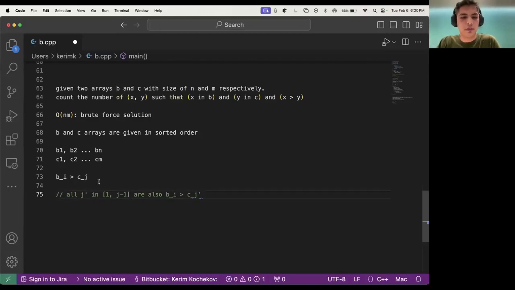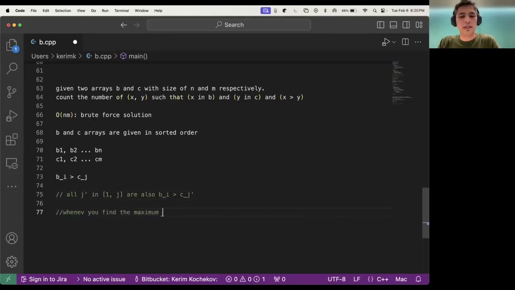So whenever you find some j where Cj is smaller than Bi, all elements in that prefix are also smaller than Bi. That's for sure.